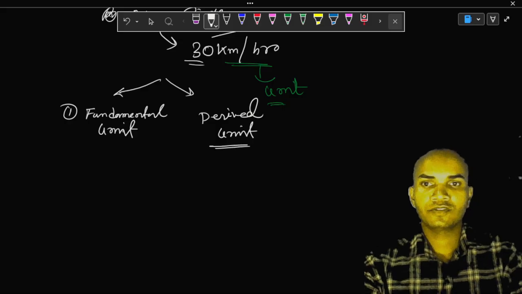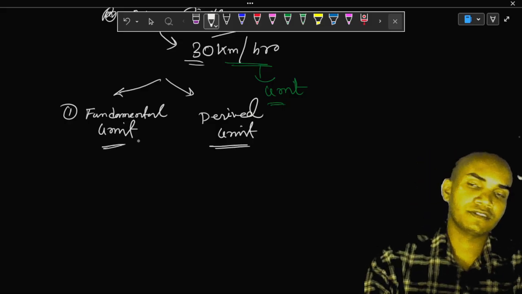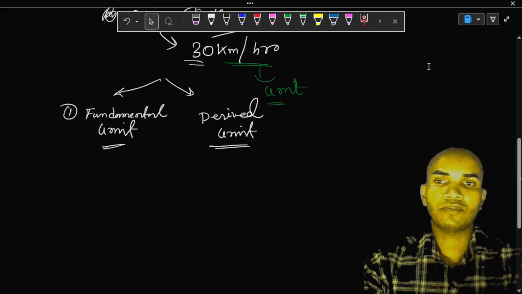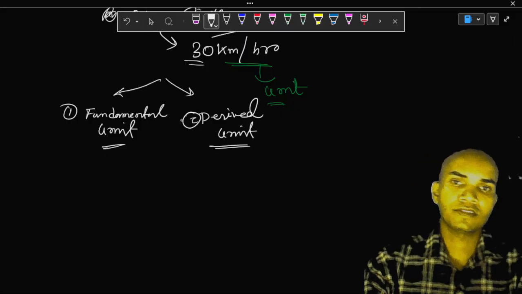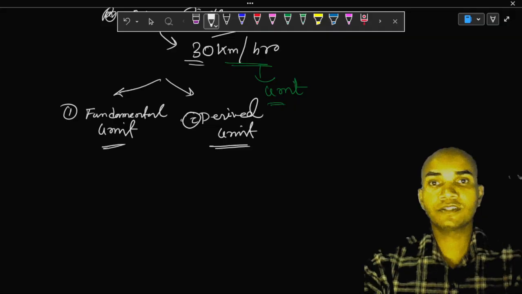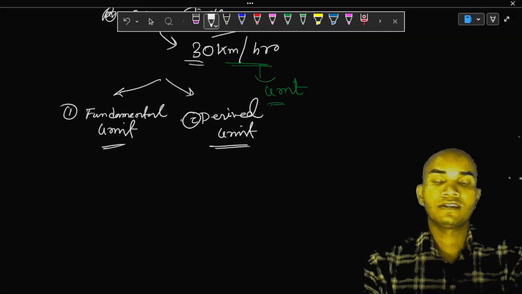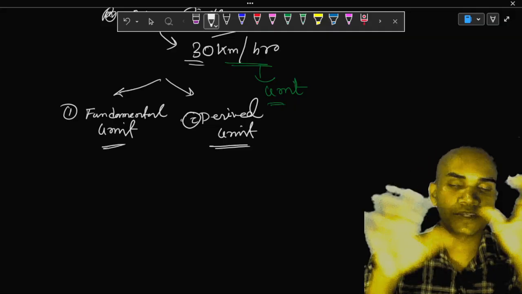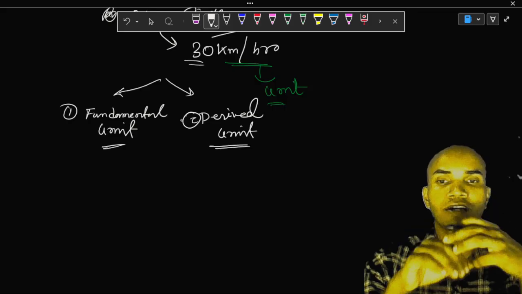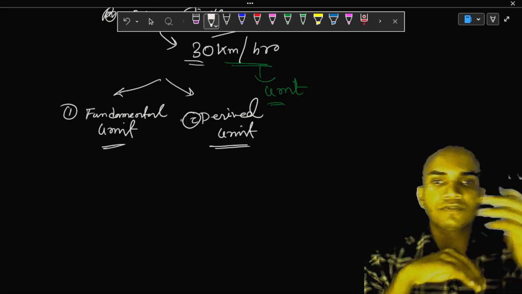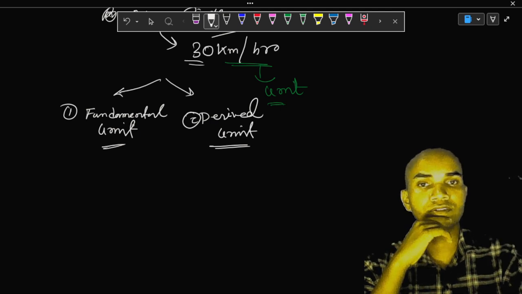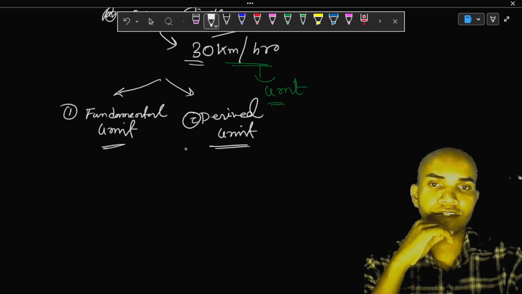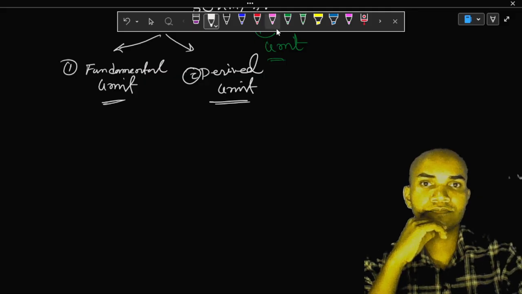What is the difference between them? Fundamental units are present, and derived units are derived from fundamental units. So derived units are the children of fundamental units. Clear?